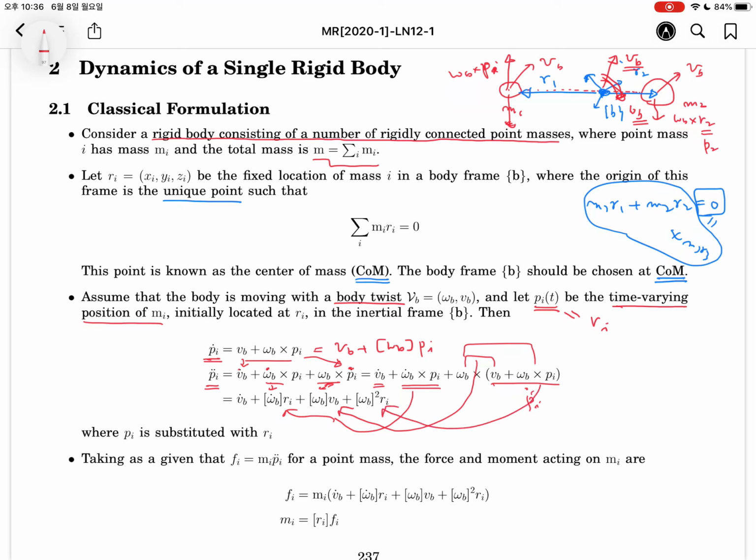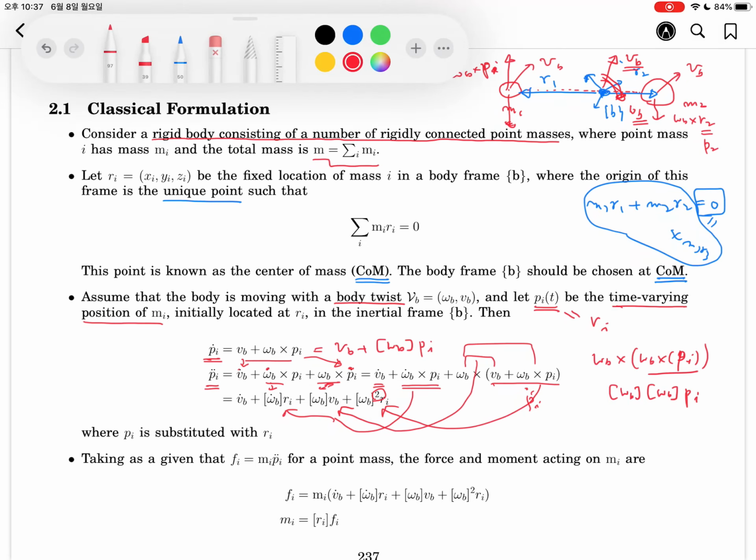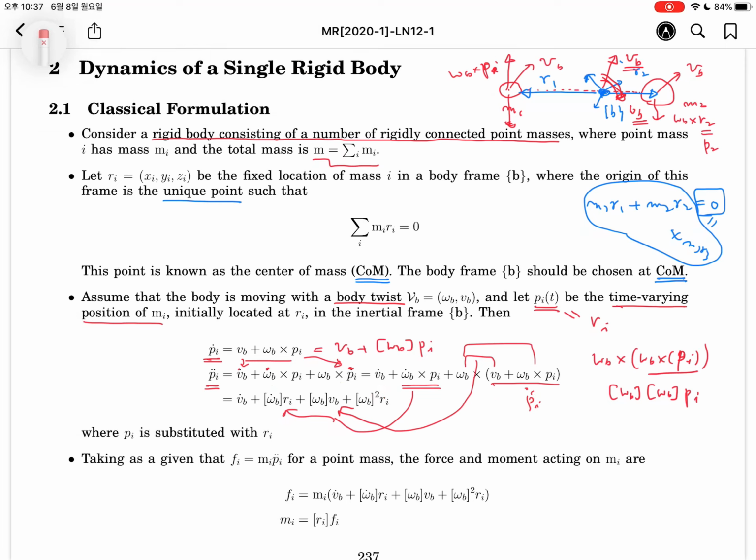The last term will be this one, because the last term is omega cross pi, so it will be replaced with the matrix form of pi and one more. So a squared matrix appears here. Like this we can obtain the linear acceleration.